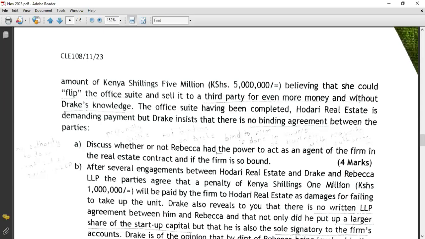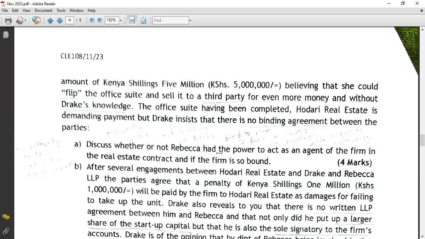So in that regard, Drake would be correct in saying that there is no binding agreement binding the firm. However, if I was Hodari, then I would now pursue Rebecca as an individual.